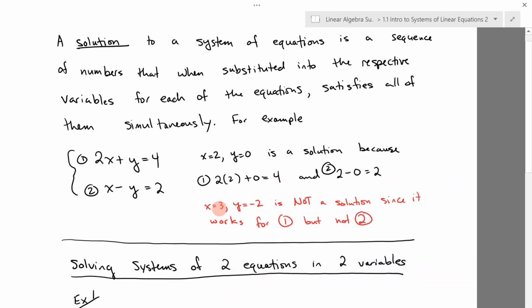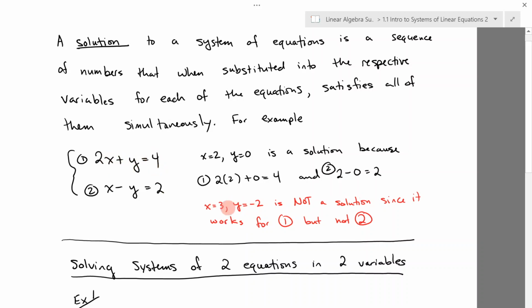Whereas suppose I take x equals 3 and y equals negative 2. Again, you try plugging it in. So if x equals 3 and y equals negative 2, you have 2 times 3 is 6, 6 minus 2 is equal to 4. So it works for the first equation.